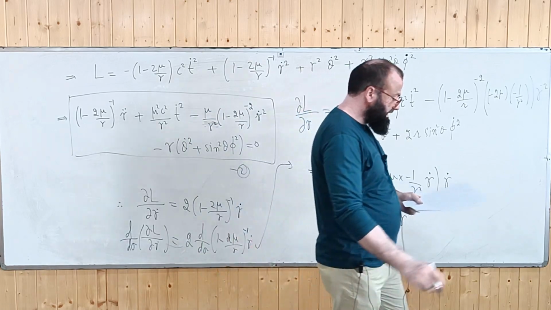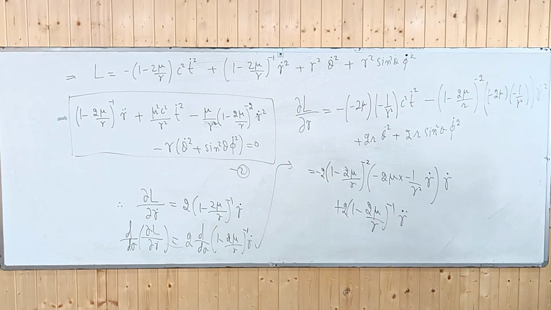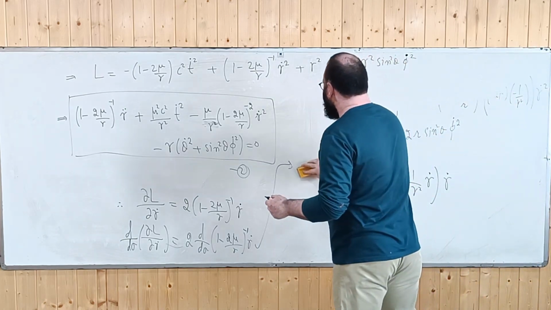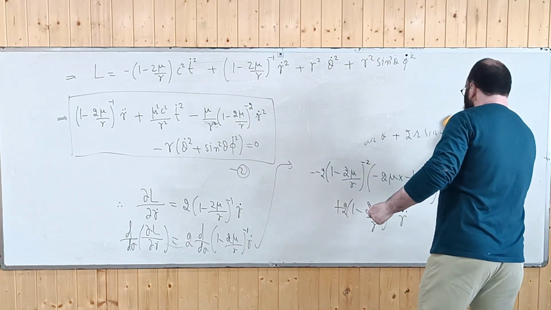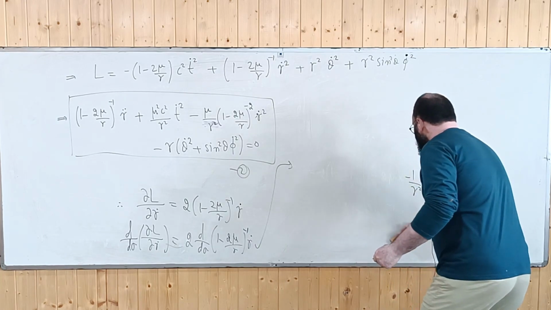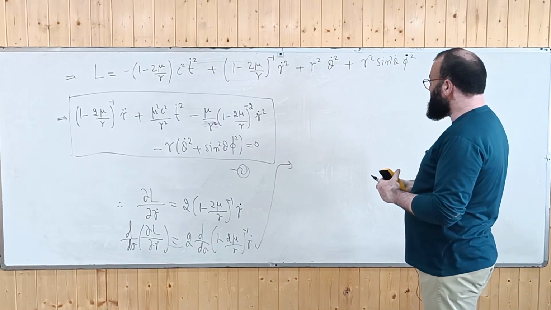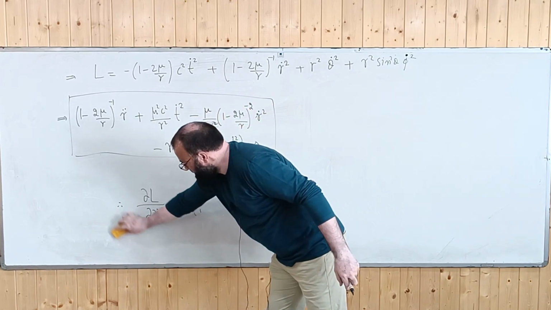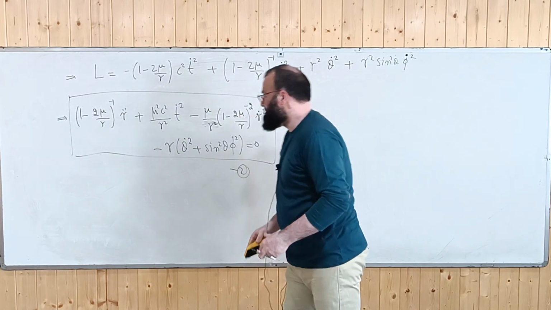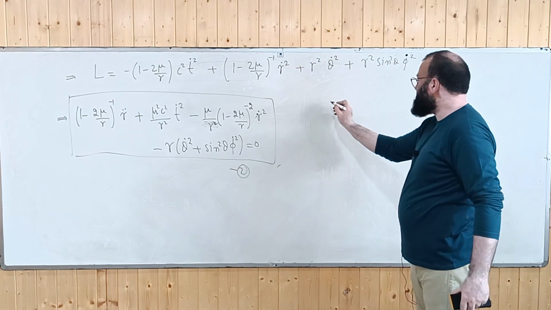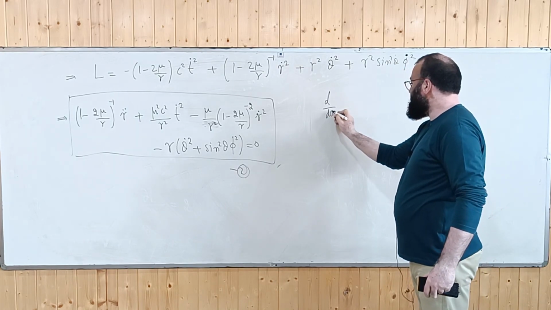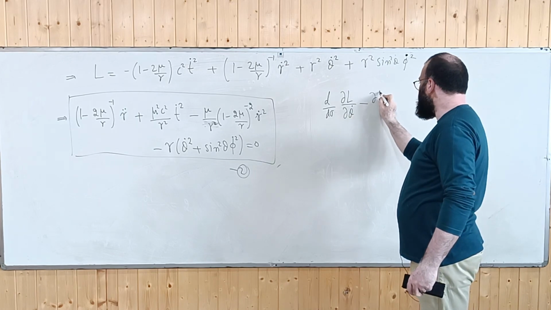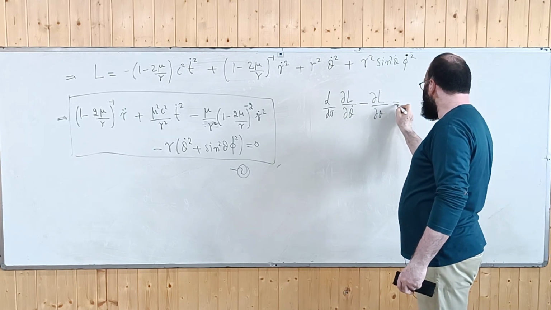equation. Similarly, we can have theta and phi equations. So let me write the theta and phi equations directly. So what do you need now? You need the theta equation. What is the theta equation? The theta equation will be d by d sigma of partial L by partial theta dot minus partial L by partial theta equal to 0.